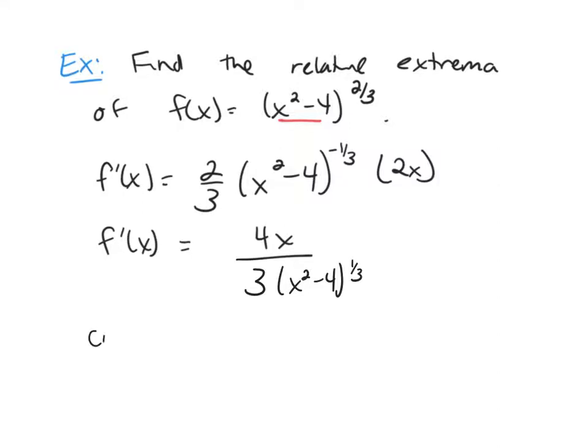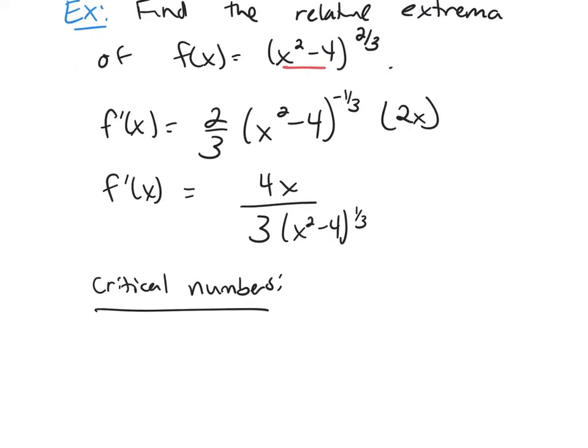So now we need to find our critical numbers. So here, where is my function undefined? Well, it's when the denominator is 0. So I'm going to have to set x squared minus 4 to the 1/3 power equals 0.